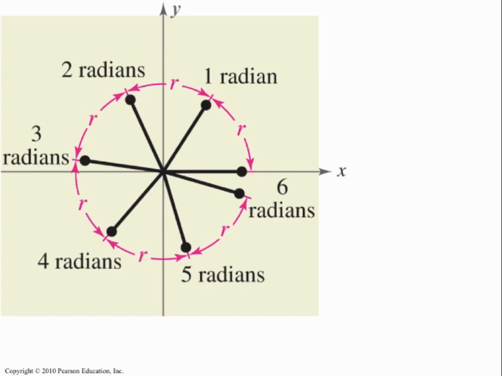If you do 2 times pi on your calculator, you'll end up with 6.28 something. That matches the result that we can count, which is about 6.28 radians in this circle.